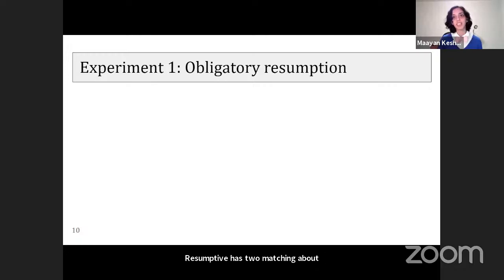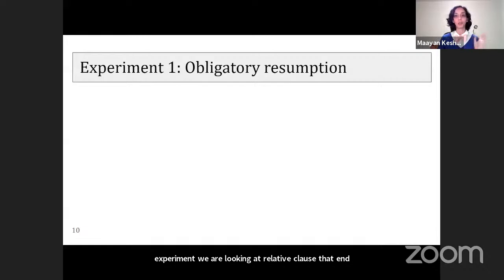So for the current study, we're focusing on grammatical dependencies with comprehension accuracy. And in the first experiment, we'll look again at relative clauses that end with resumptive pronouns, where again, interference can arise either from encoding or retrieval interference.